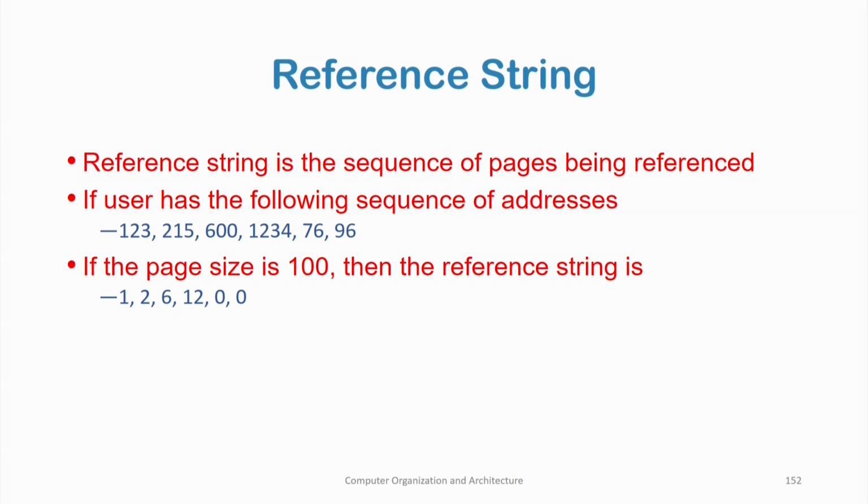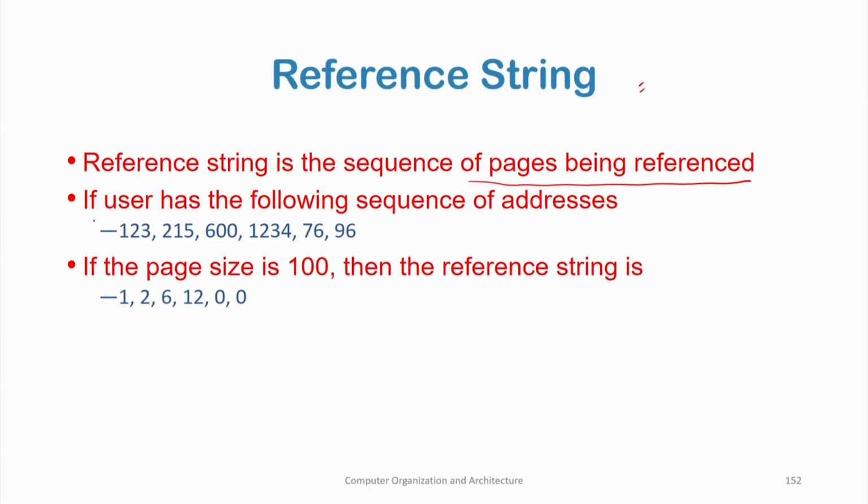So, before going into specific algorithms, we will understand what is called a reference string. A reference string is a sequence of pages that are being referenced. To understand the algorithms, we will need a sequence of page accesses by a certain program, and this will be called its reference string.